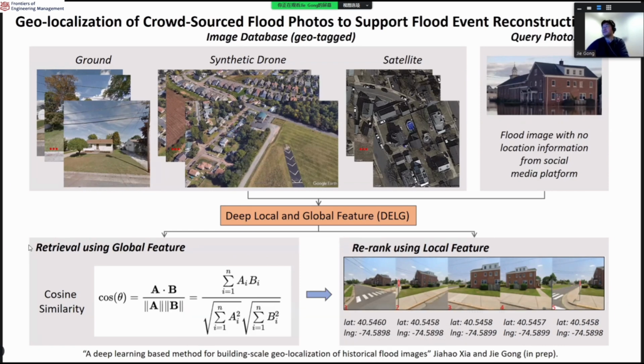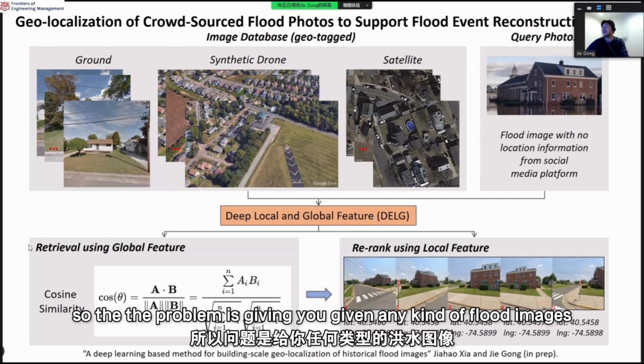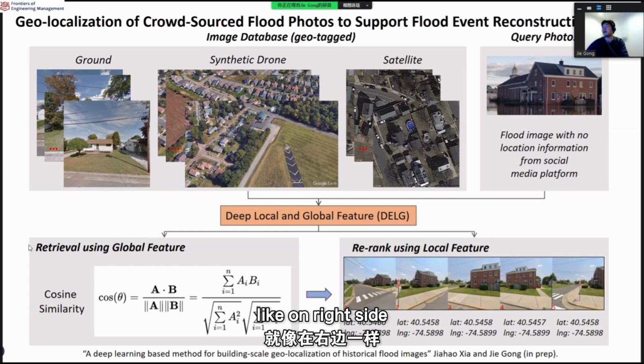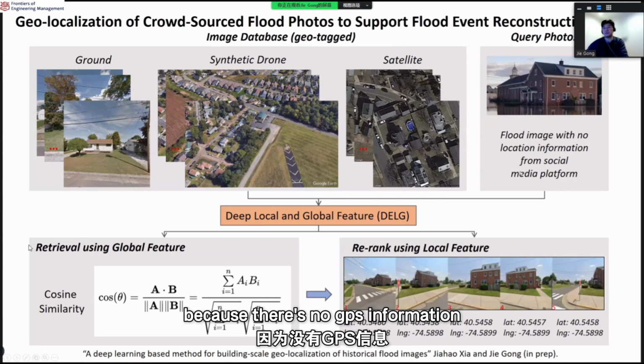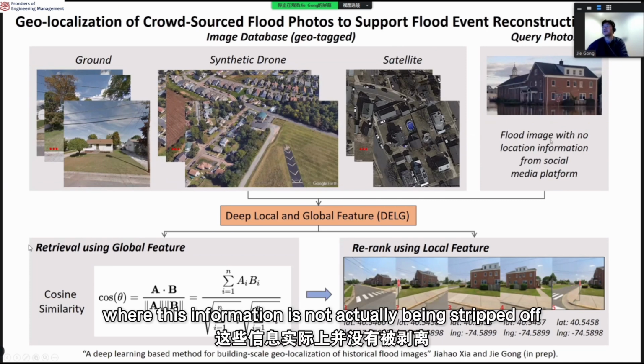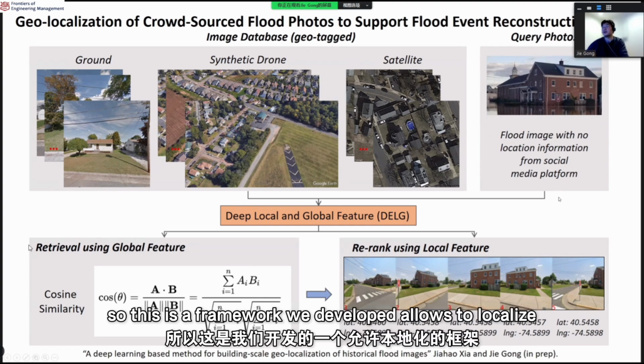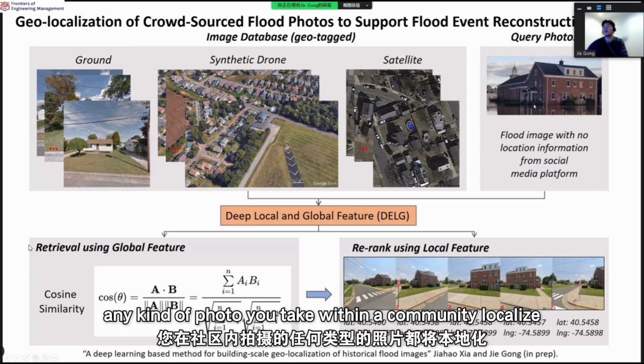The problem is, given any flood image, like the one on the top right here, we need to localize where it was taken, because there is no GPS information, due to privacy issues where this information is stripped off.